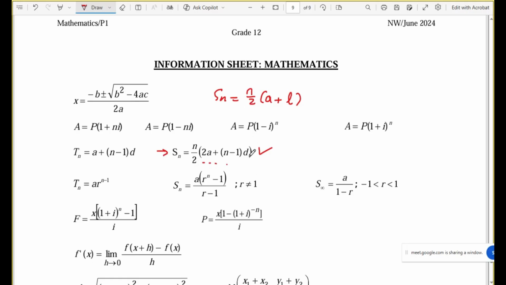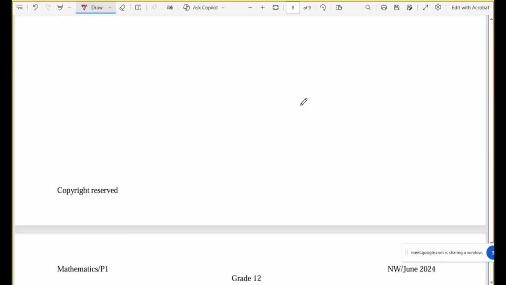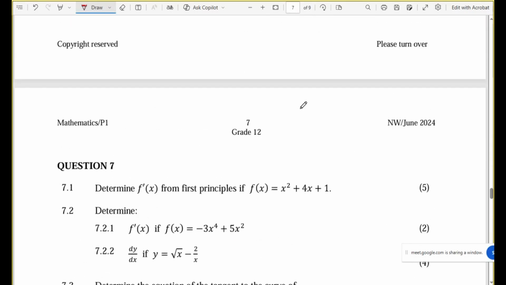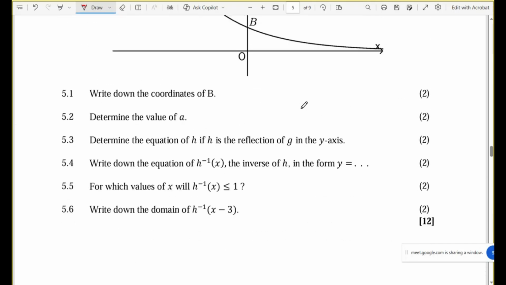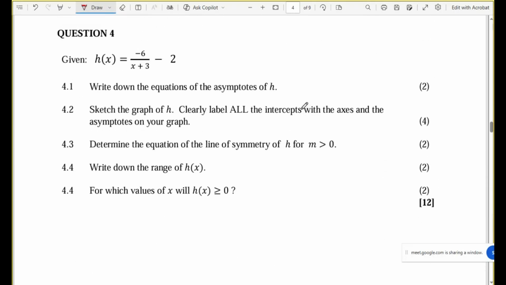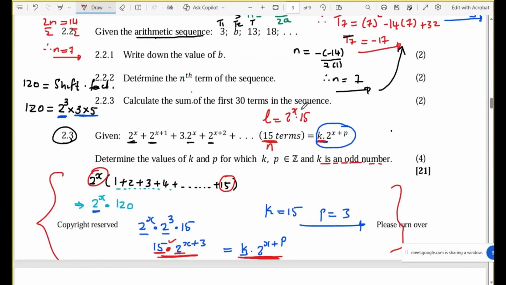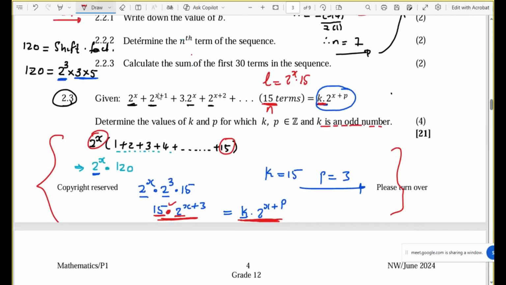The reason I think this can be geometric is that we don't have a common ratio. By looking at the sequence, this is not geometric, it's arithmetic. Let's test what type of sequence we are working with here. So this is my T1, this is my T2, this is my T3.